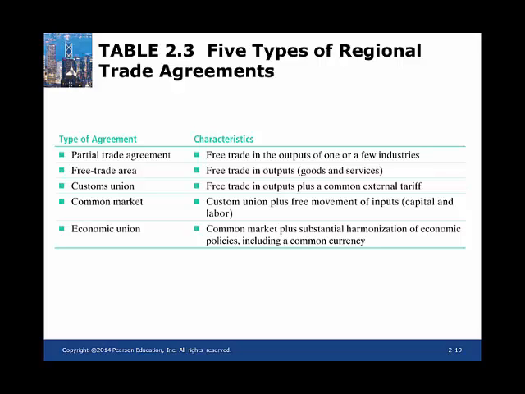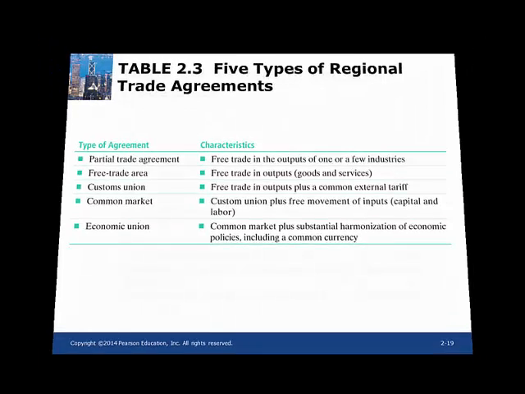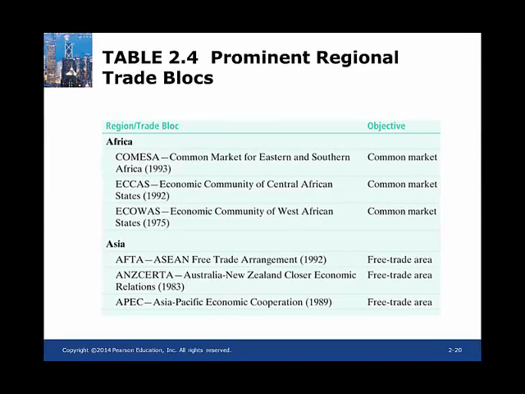Common market is the customs union plus free movement of inputs like capital and labor. Economic union is a common market plus substantial harmonization of economic policies, including a common currency. This is the table of prominent regional trade blocs.